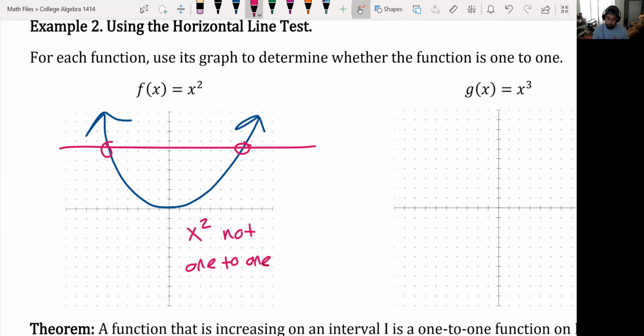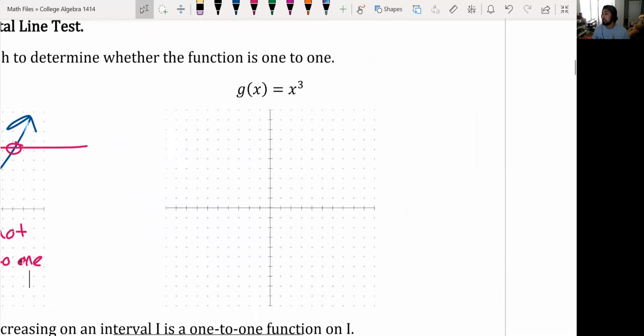Okay. Then let's look at the graph of x cubed. X cubed, we know, is that squiggly line, right? That S curve. So it would look something like that.